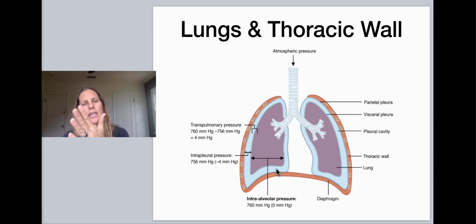It allows the two membranes to slide on one another without creating a lot of friction. It's a serous fluid, if you remember from anatomy. That fluid surrounds the lungs and lubricates the surfaces so that they can slide over one another when you're breathing, because when you're breathing, your chest cavity is inflating and then deflating.